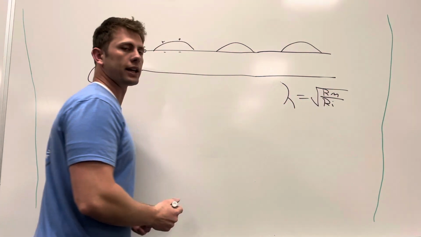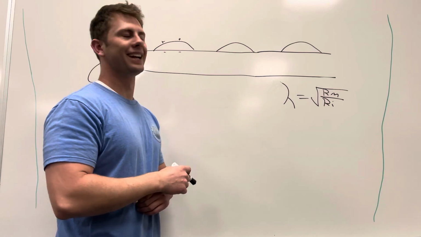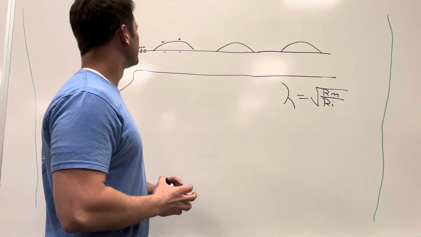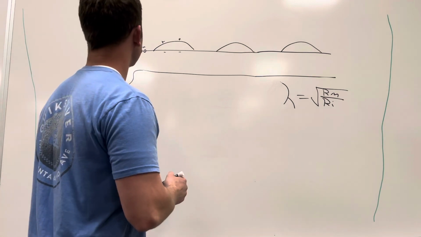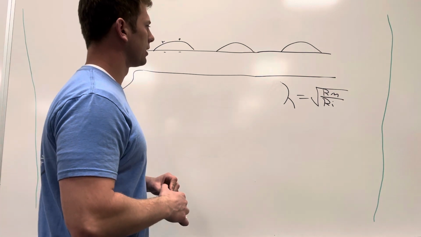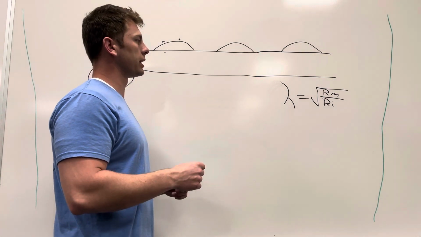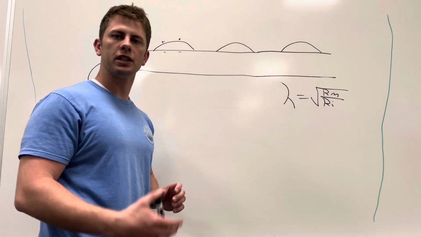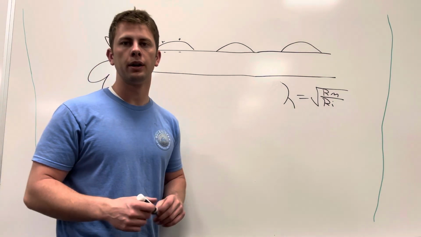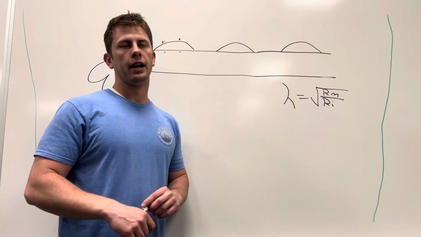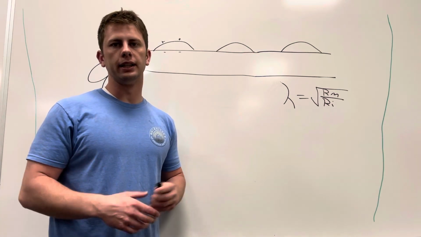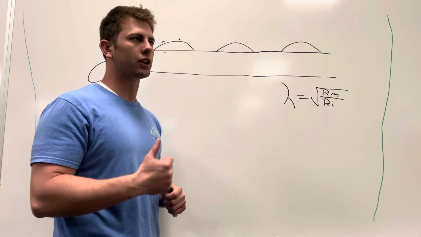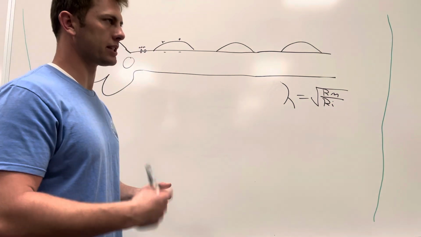Rm is membrane resistance. And so here's a good way to explain it. It's inversely proportional to permeability. And so basically, if it's very impermeable, it's increased membrane resistance.